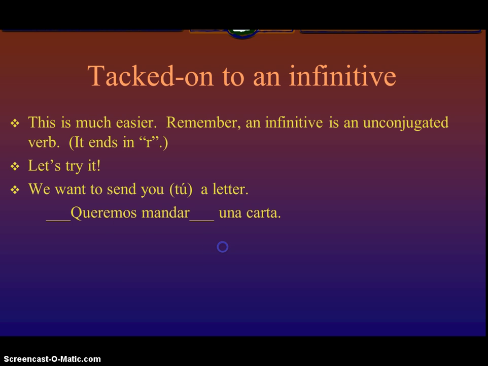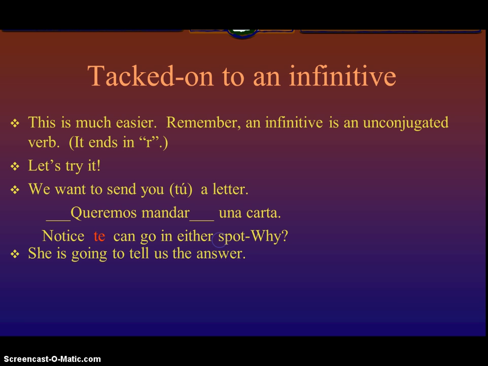If you said, te queremos mandar or queremos mandarte, either one is correct. Notice that te can go in either spot. Why? Because mandar is at the end of an infinitive and queremos is the conjugated verb. And we know pronouns can come in front of conjugated verbs or attached to infinitives.